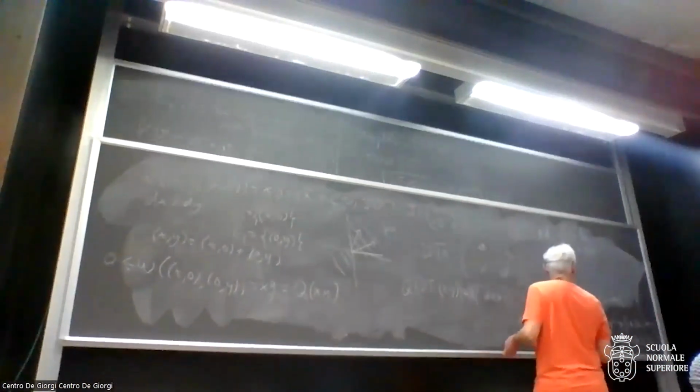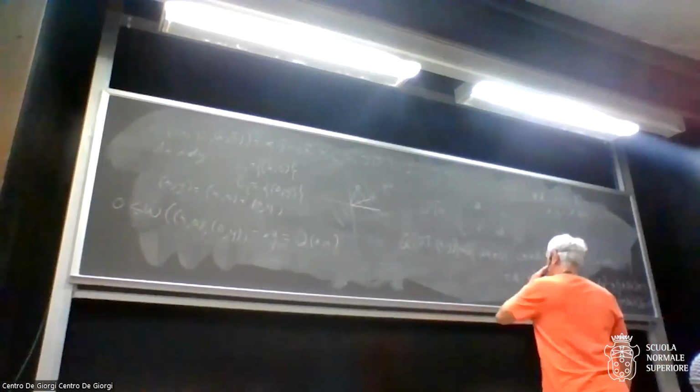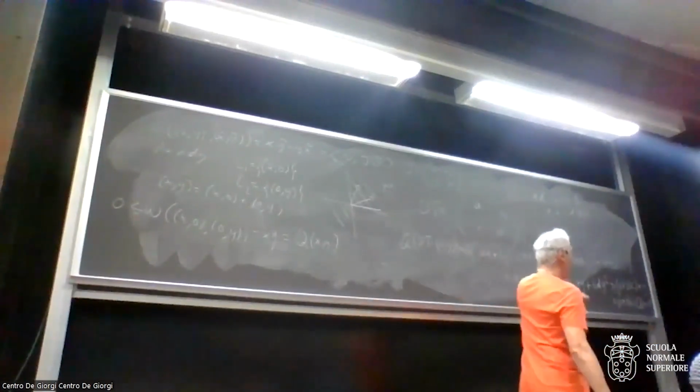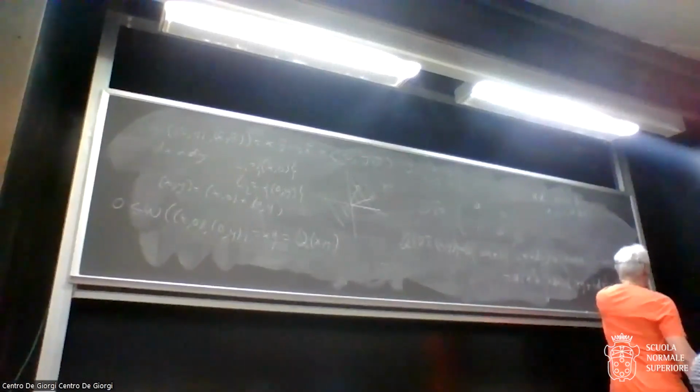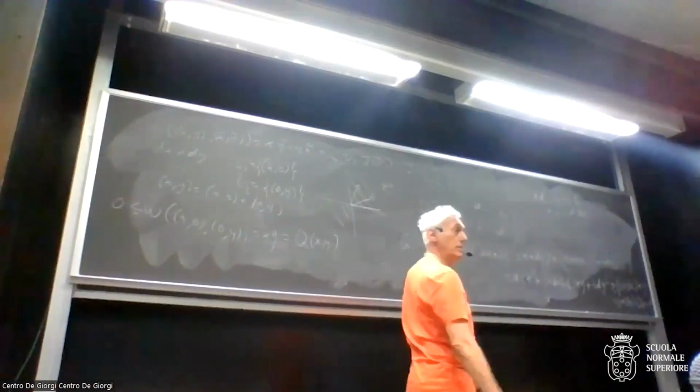And so you see, this is positive. So it means that the quadratic form is increasing for all vectors. If this is bigger or equal than 0, this guy will be bigger, so it keeps growing.